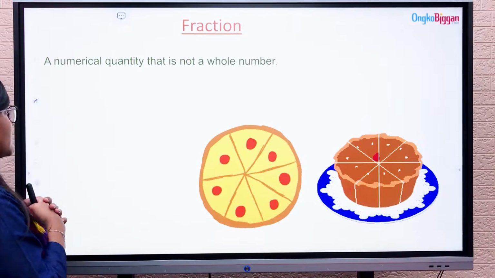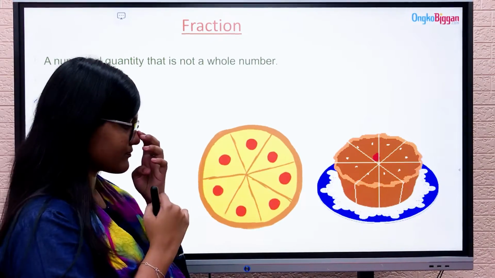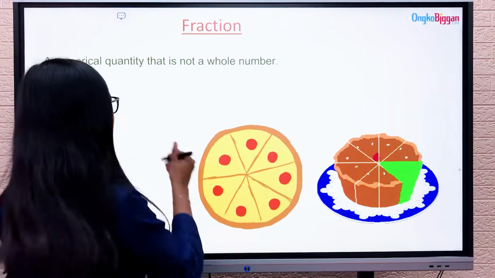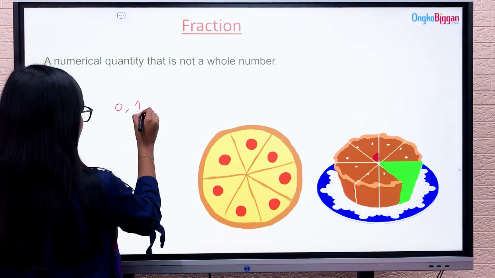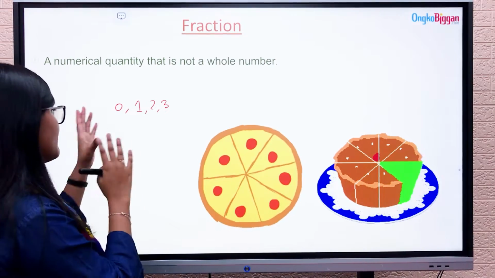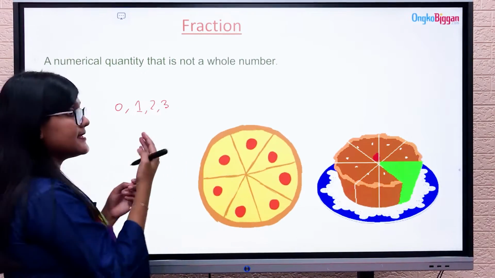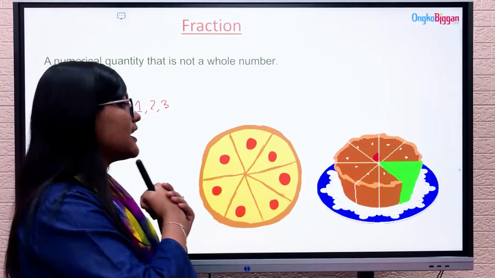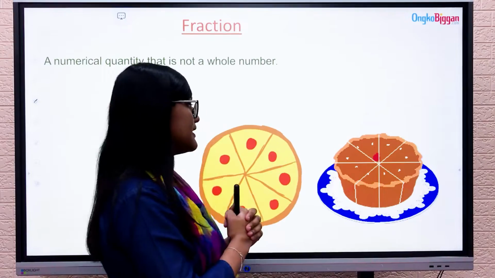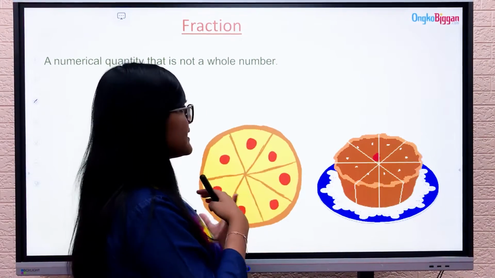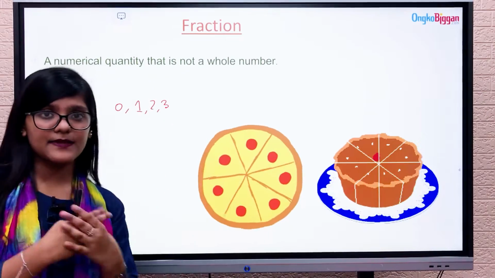A fraction is a numerical quantity that is not a whole number. Up to now we have learnt about several numbers like 0, 1, 2, 3, but these numbers, 1, 2, 3, are whole numbers. To make it more clear, I have a figure over here. If you are given a pizza, then you can say, yes, I have one pizza.